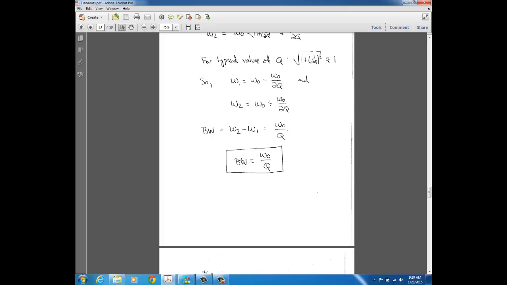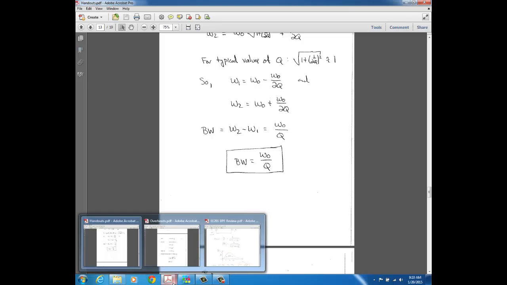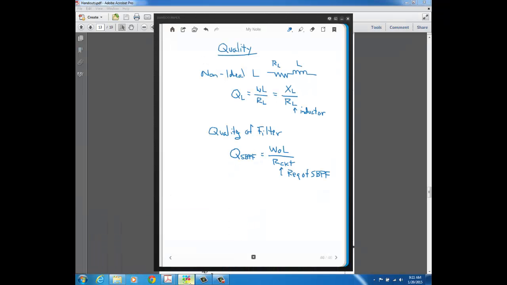Okay, so knowing this relationship between bandwidth and quality of a filter circuit, you should be able to have a mental image of the frequency response of a filter just by hearing a number.